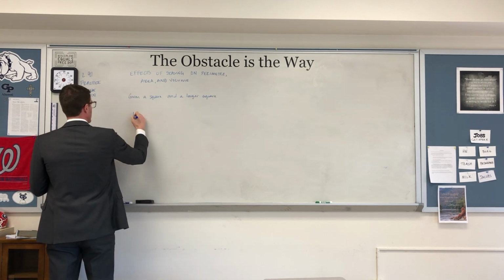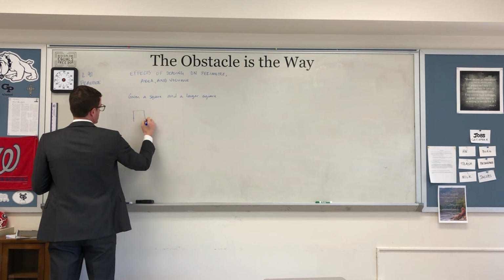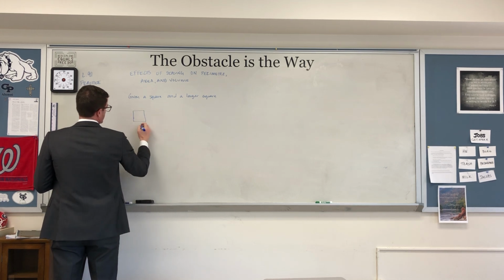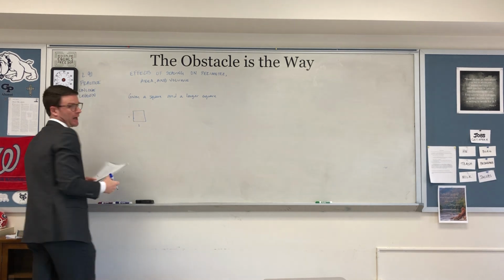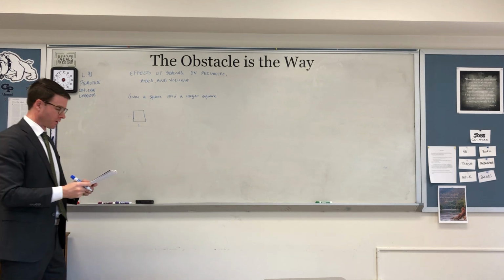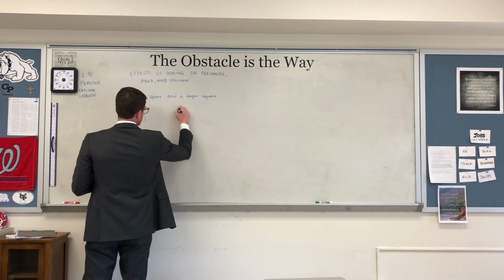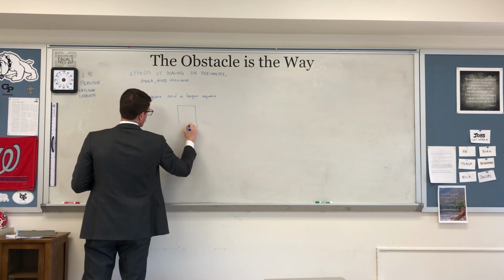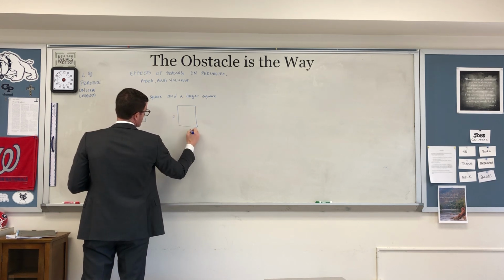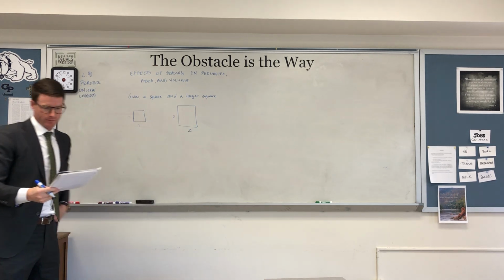Okay, so if we have a square here, and let's say that its side dimensions are 1 unit long. And let's say our larger square has dimensions that are 2 units long.